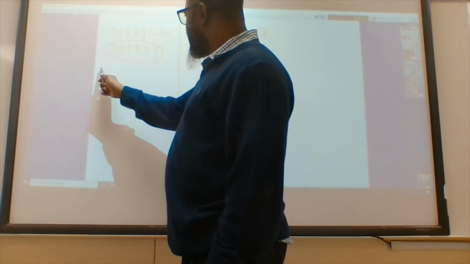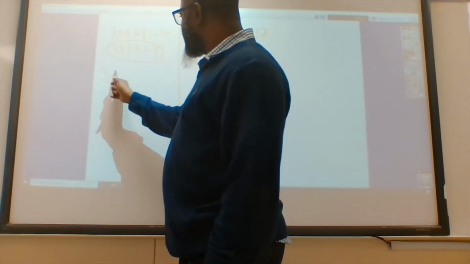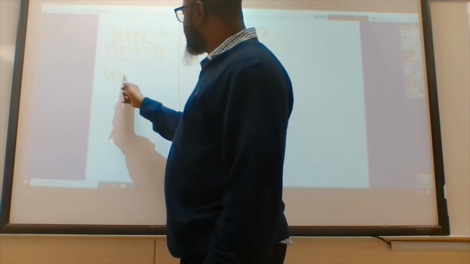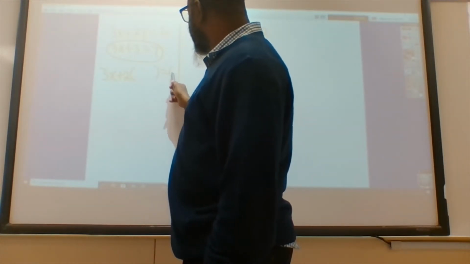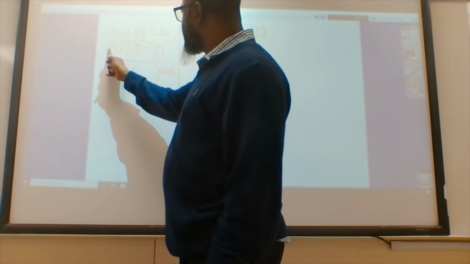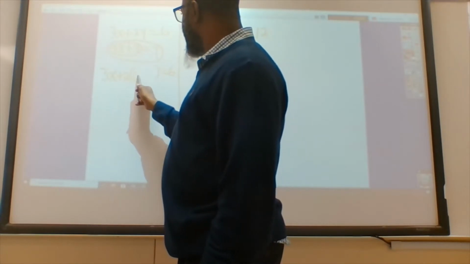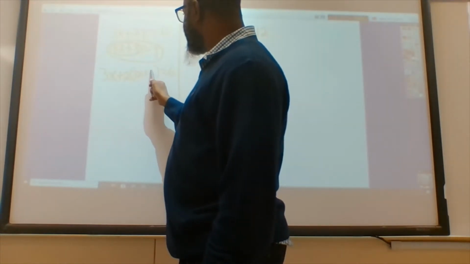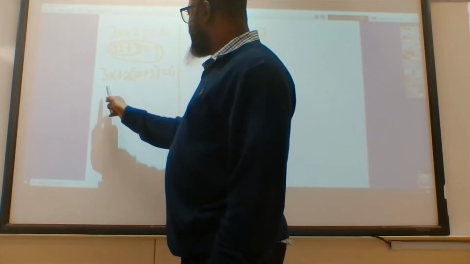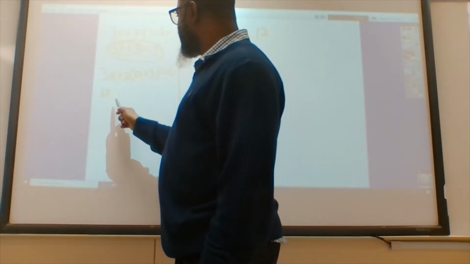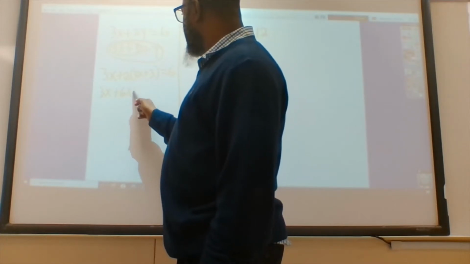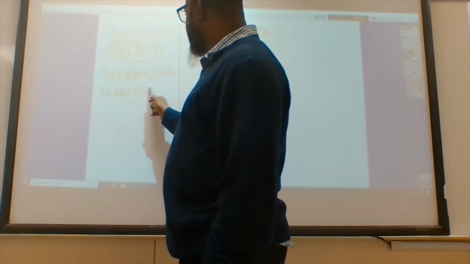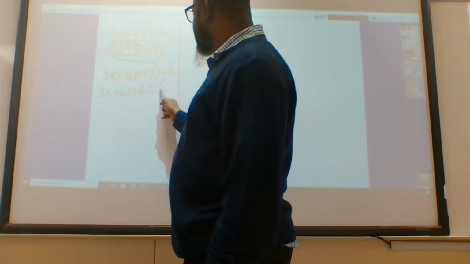So my new equation will be 3x plus 2 times y is equal to 6. Y is 3x plus 3, so I'm going to put 3x plus 3 here. Then I will have 3x, and do my distributive property, that becomes 6x plus 6 is equal to 6.